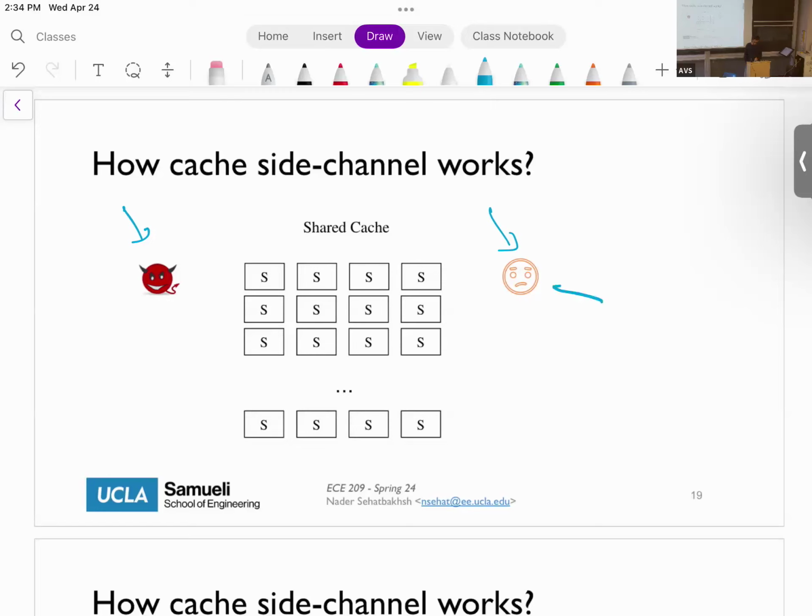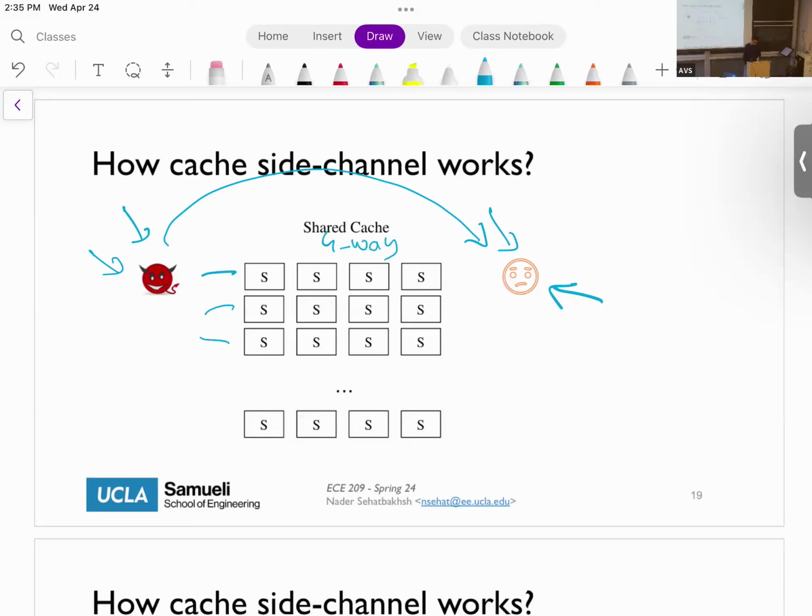So it could be just an innocent victim user who wants to do its own job and compute its own systems. But unfortunately, we can also have a malicious user, okay? The goal of the malicious user is figuring out what this victim does, okay? So let's see how we can do this using a shared cache. First of all, for example, in this case, I'm showing you a 4-way set associative cache.